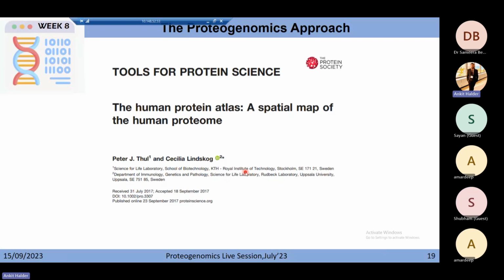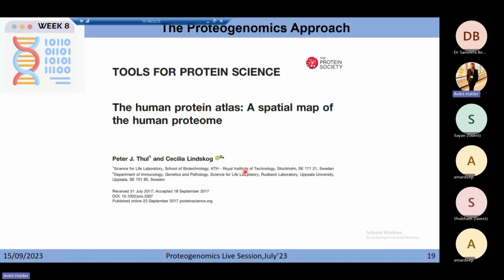So how have they done it? The Human Protein Atlas is a comprehensive map with the expression level at the spatial region level of the tissue and at the cells.